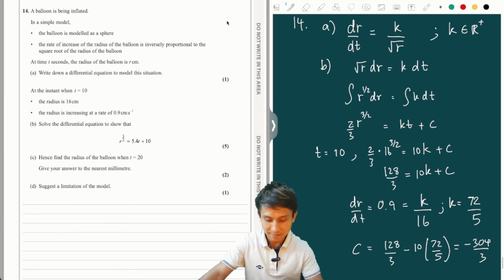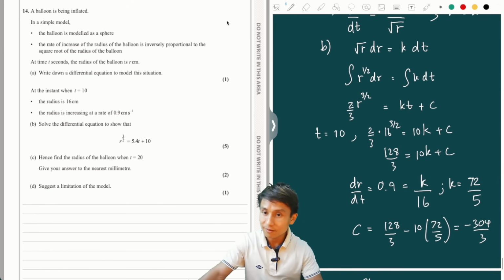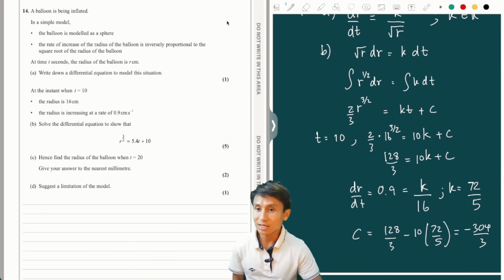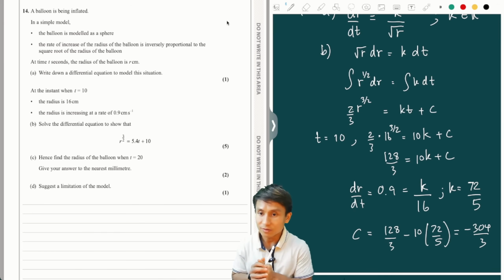kt plus c. When t equals 10, I sub 10 in. Radius is 16. 4 to the 3 is 64. Okay, and then dr by dt is 0.9.